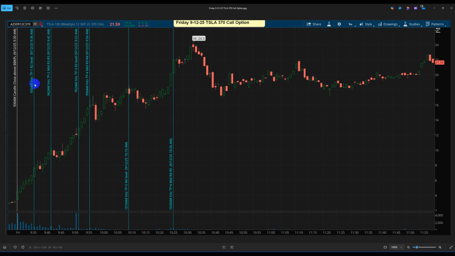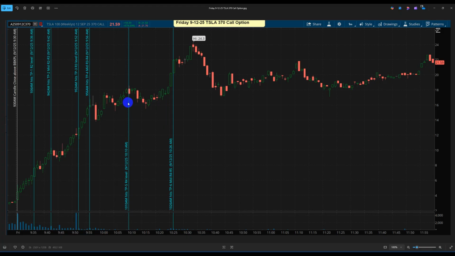Here at 936, it hits TP1, the R2 level, on this candle here. 9:42 a.m. it's this candle here. That's where it hits TP2, mid R2, R3. 9:52 a.m. is this candle here, and that's where it hits TP3, which is the R3 level. 9:56 a.m., just a few minutes later, it hits TP4, which is the mid R3, R4 level, on this candle here.